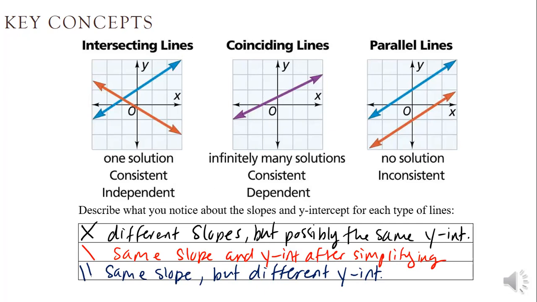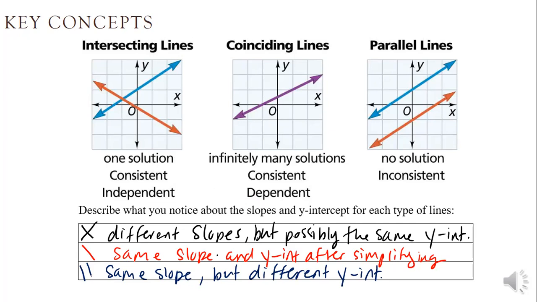That means we're traveling along at the same rate, but we did not start at the same time. Does that make sense? All right, so you have to be able to identify whether you have a consistent or inconsistent system. And if it's consistent, is it independent or dependent? Okay, got it?